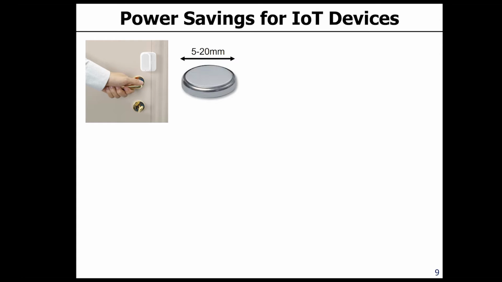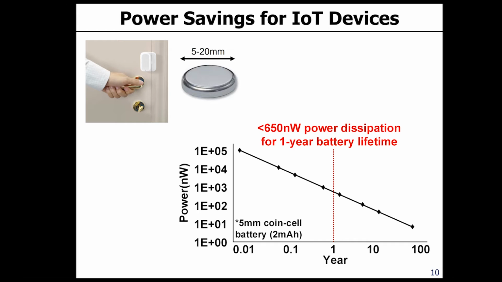And with this kind of battery, how much lifetime can you have? We did a quick survey here. This plot shows the necessary power consumption on the y-axis, and the lifetime that you want to have. In this plot, if you assume a 5 millimeter coin cell battery and expect 1 year of lifetime, what we need is less than 1 microwatt power dissipation.